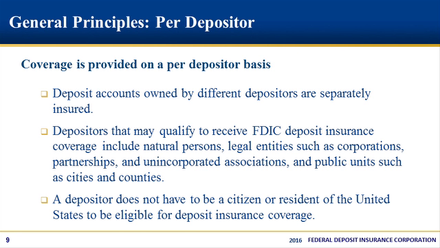A depositor is the owner of the funds held in a deposit account and can include a natural person, a business organization, or a government entity. In order to qualify for deposit insurance coverage, a natural person does not have to be either a citizen or resident of the United States.